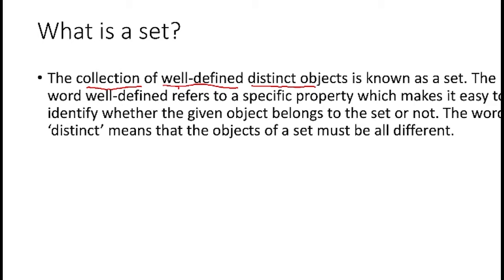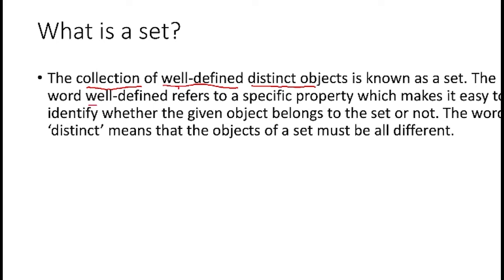So this is known as well-defined. If in a class we are defining the names of the students. The second thing is distinct. Distinct means different, right? So these two are the necessary things for any set.